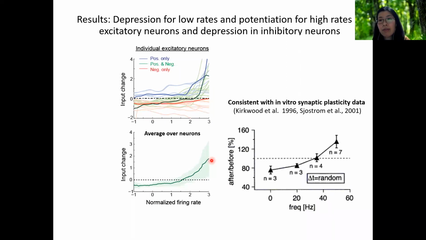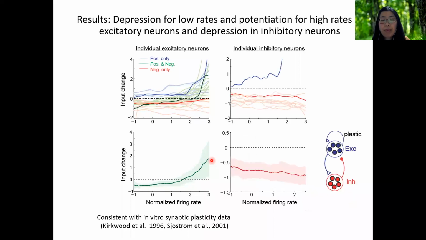But this is for the excitatory neurons. For the inhibitory neurons, note the difference in this distribution. I mentioned that the maximum fire rate only increased for the excitatory neurons, not for the inhibitory neurons. So when we obtain the input changes across the dependence on the fire rate, it was more or less constant for the inhibitory neurons.